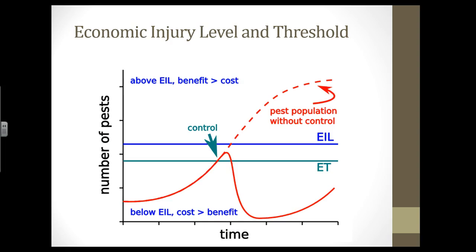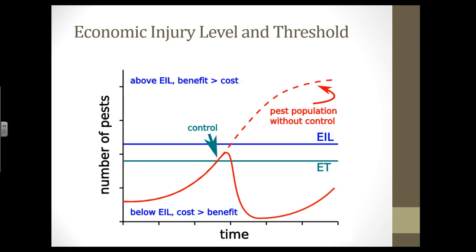It's what we talked about before, but as that pest population increases, there will come a point, and this is essentially our point, below which we're going to lose money or suffer crop damage more than the cost of controlling them. This area right here is our threshold, okay?